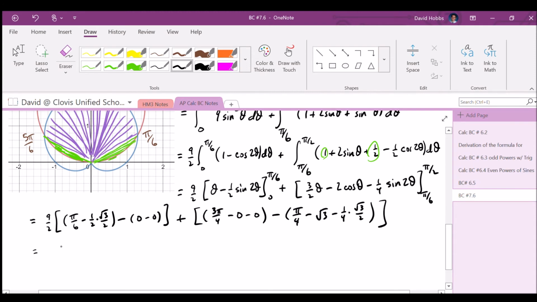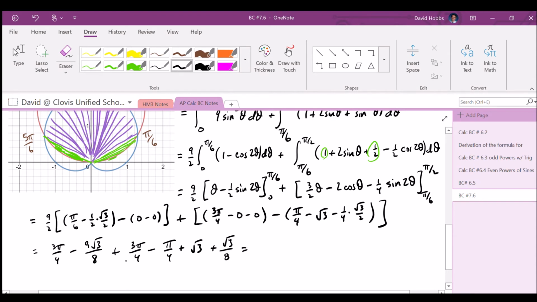Okay, so we have, let's see, 9 pi over 12, 3 pi over 4. Minus 9 root 3 over 8. I've got plus 3 pi over 4. I've got minus pi over 4. I've got plus root 3. And I've got plus root 3 over 8.